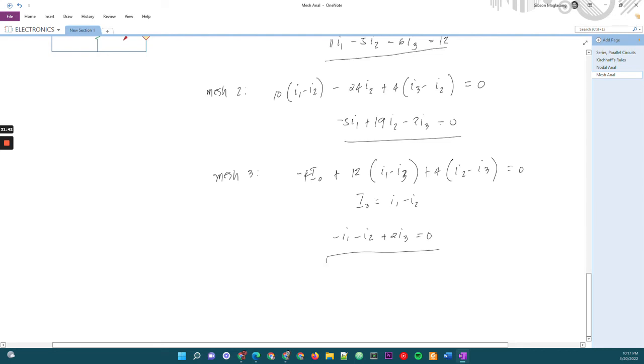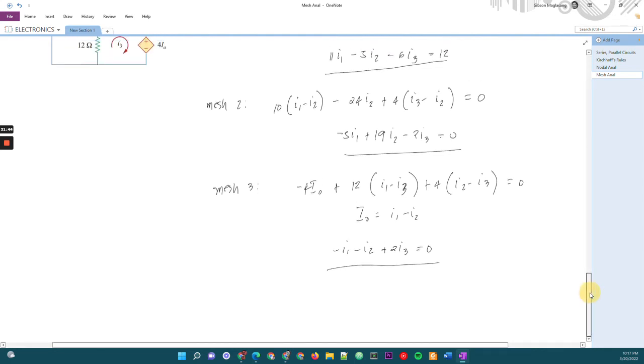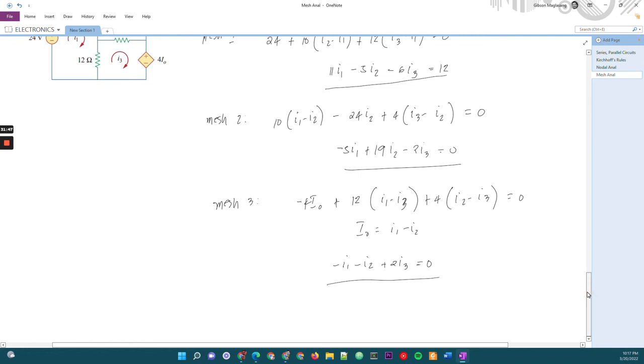So we can use Cramer's rule. Cramer's rule can be used if we will solve it by hand. So let's establish first the matrix. So we have 11, negative 5, negative 6, right? Then the second one is negative 5, 19, negative 2.